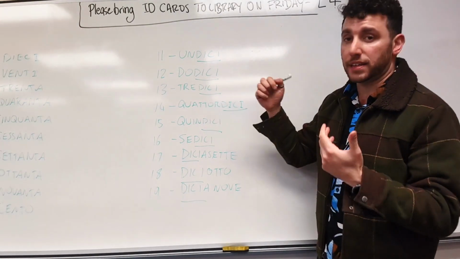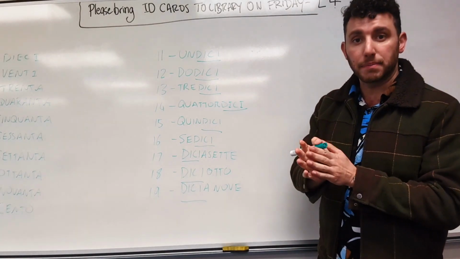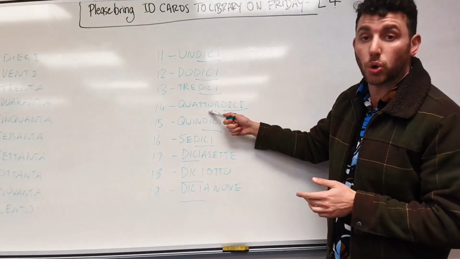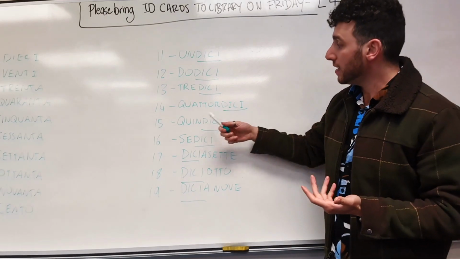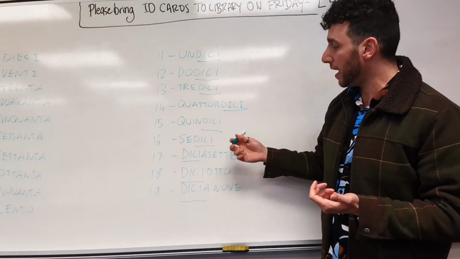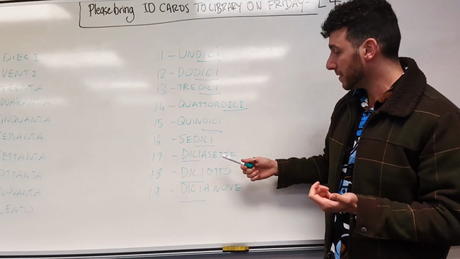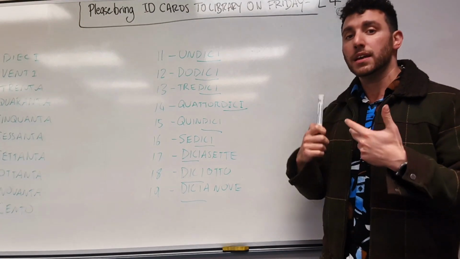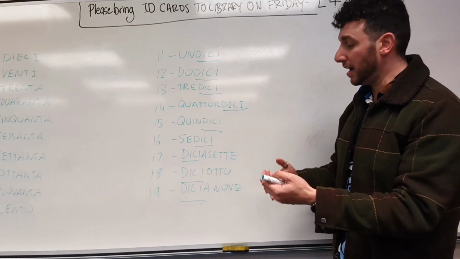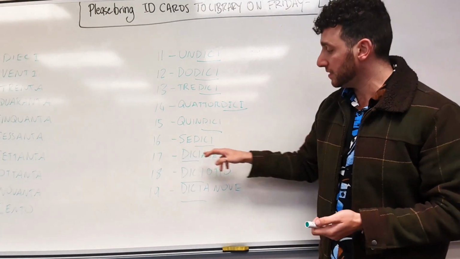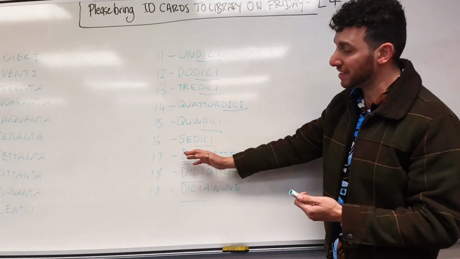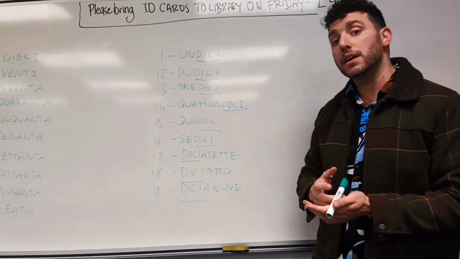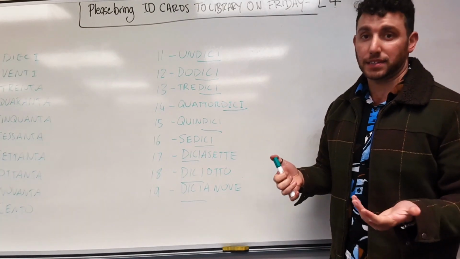You can also see the single digit numbers like quattor or quattro in there. Quin is a bit harder to pick, but other words like sedici or diciassette, you can see the number inside the actual word. So you can see the 7 inside 17, and then you can see the dici, which means teen. This is really helpful when you're trying to remember how to say the teens.